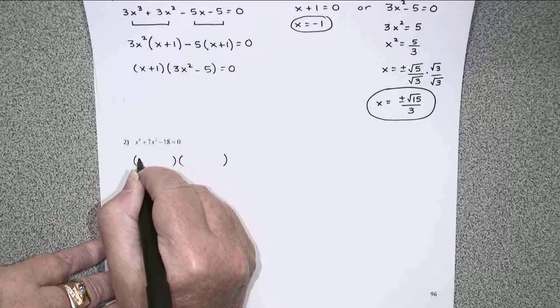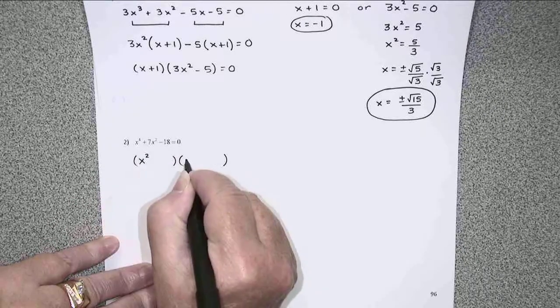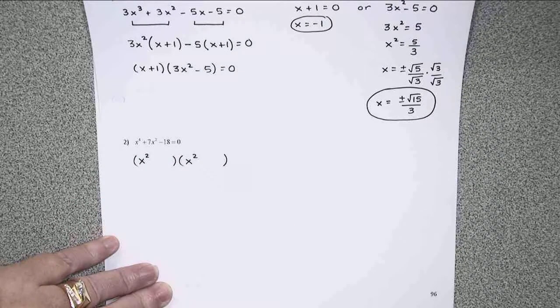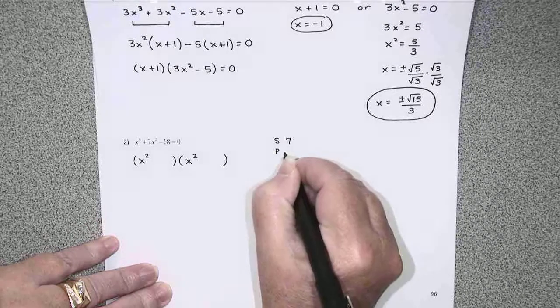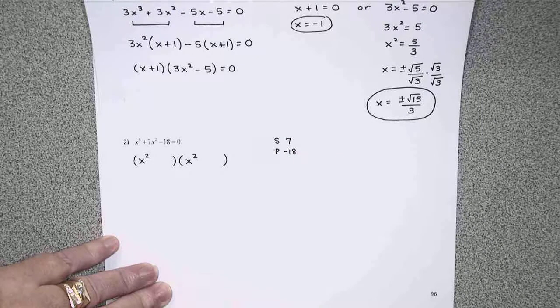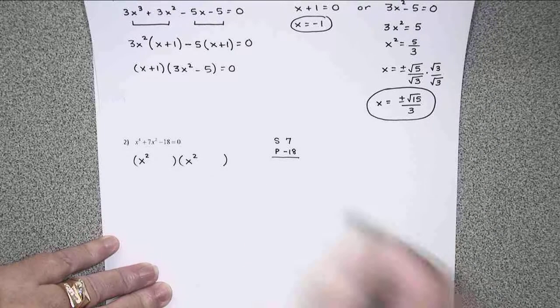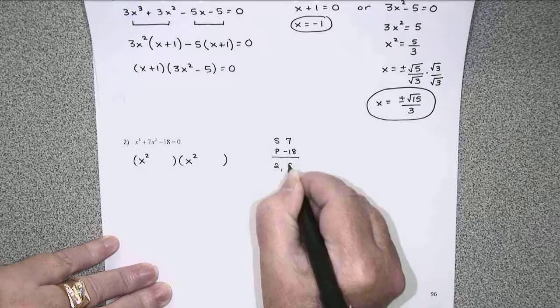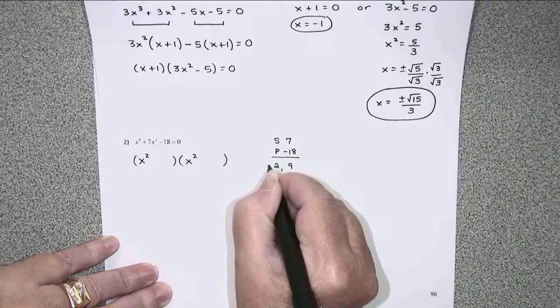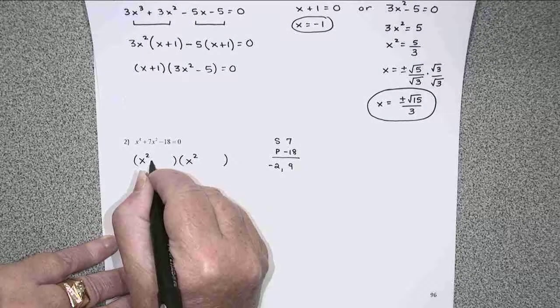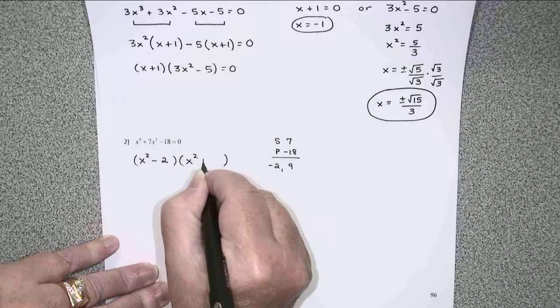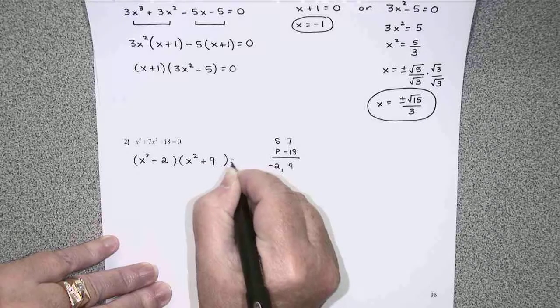X to the 4th could be x squared times x squared. And then I would be looking for a sum of 7 and a product of negative 18. Thinking a 2 and a 9 there. We'll make the 2 negative, and that way it adds up to a positive 7. So minus 2 plus 9.